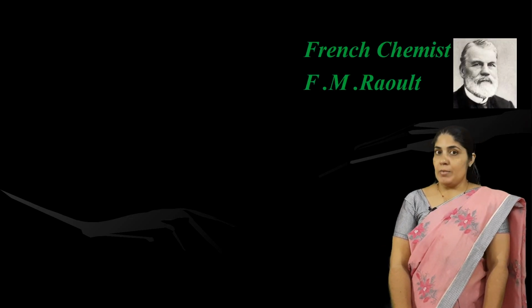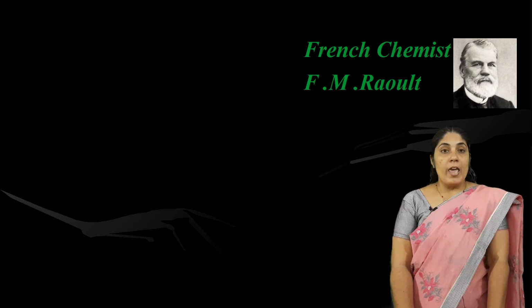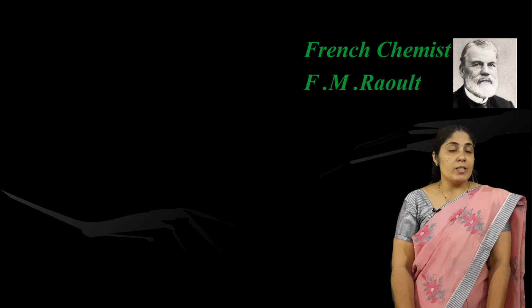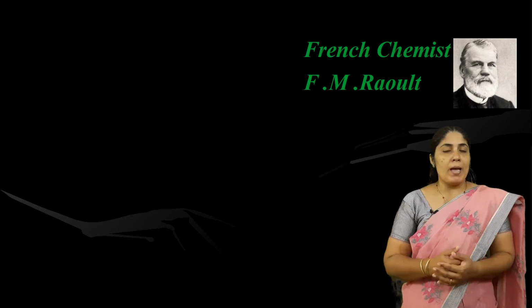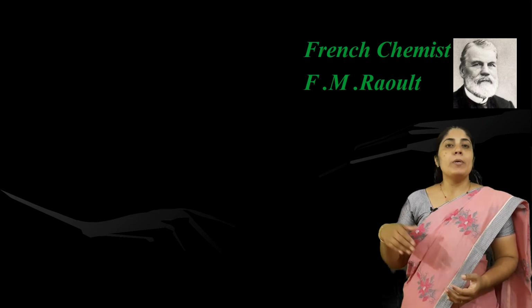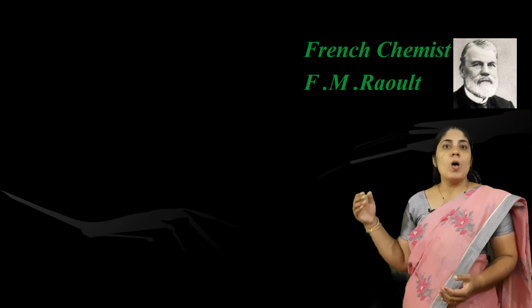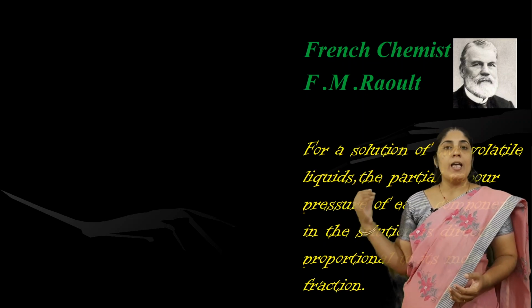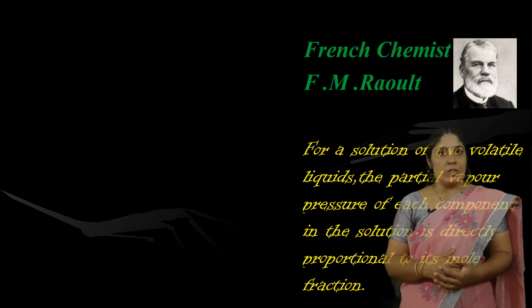Now, here you can see the picture of a scientist. Do you recognize him? Yes, he is a French chemist named F.M. Raoult. Raoult was the scientist who gave a mathematical relation between the vapor pressures of the components of the volatile liquid solution and the mole fraction.